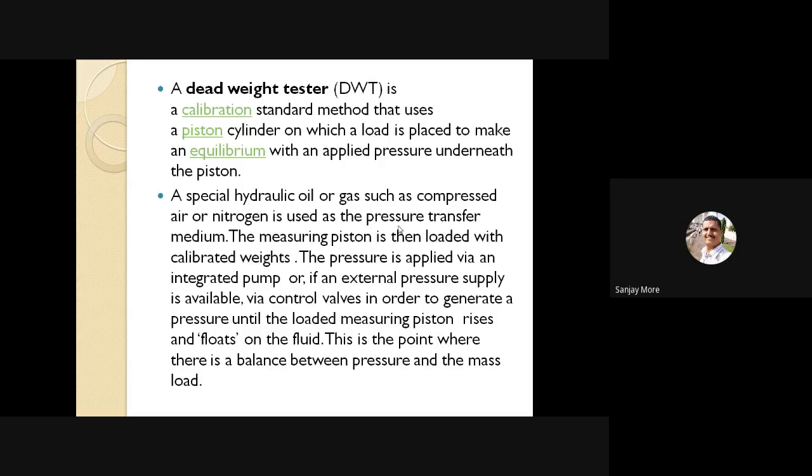This is the point where there is a balance between pressure and mass flow.